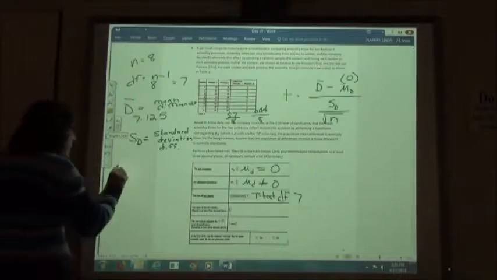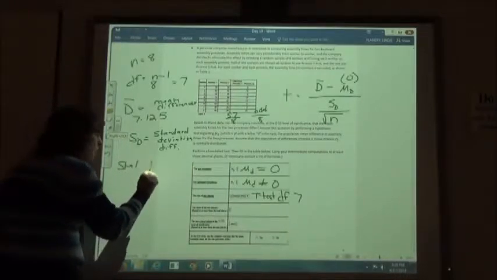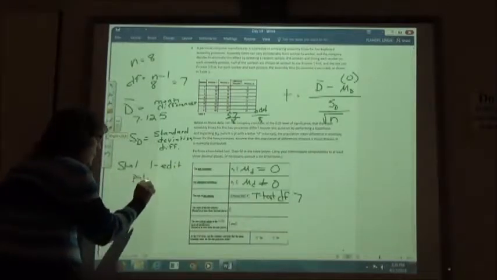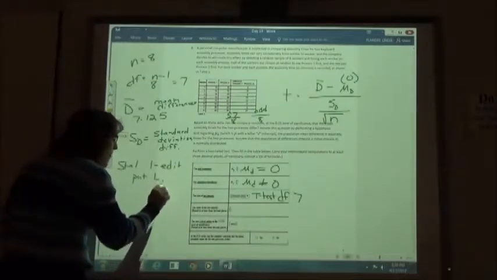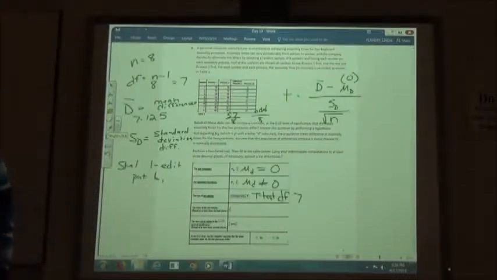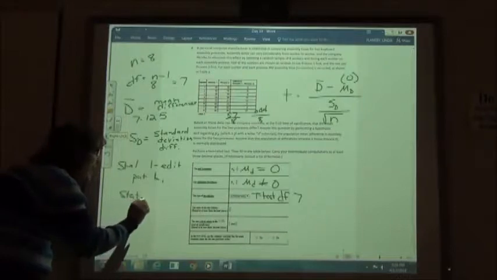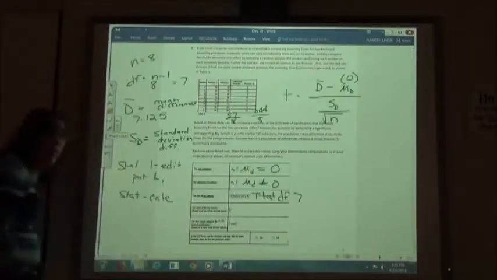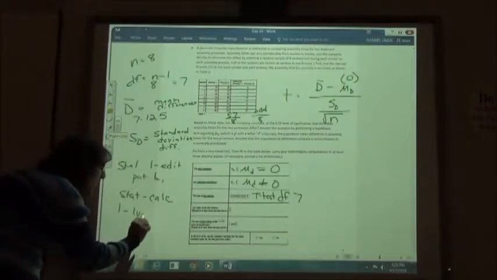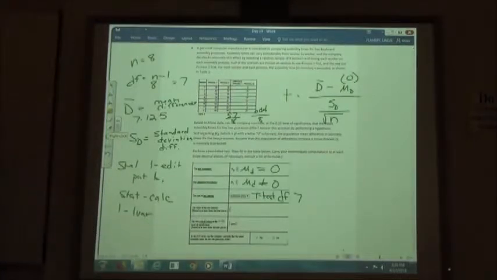You don't need to sort it because we're just going to do the calculation. We're just going to do stat and calculate, going over to calc, and then doing 1 to do our one variable statistics on list 1.